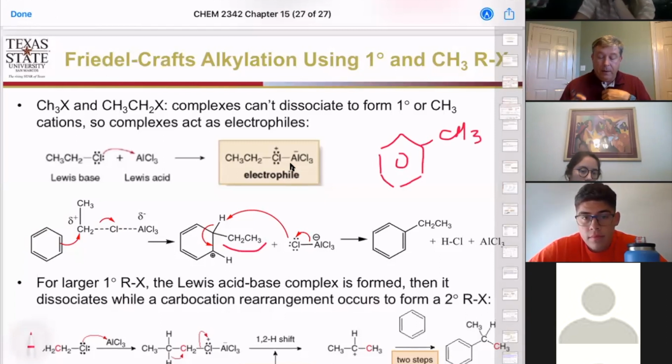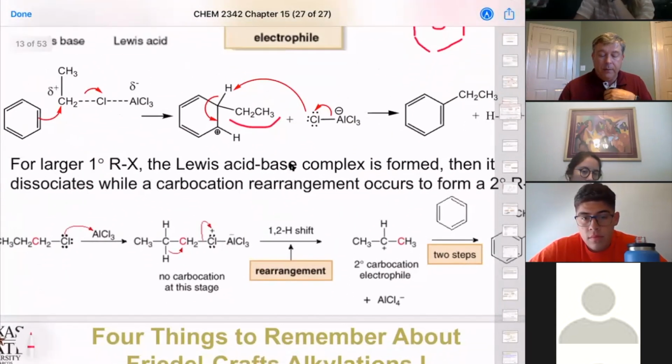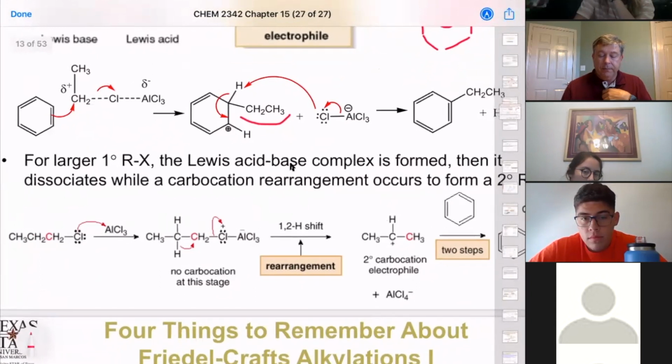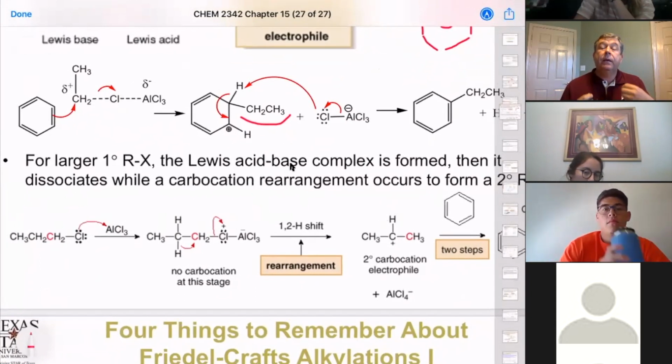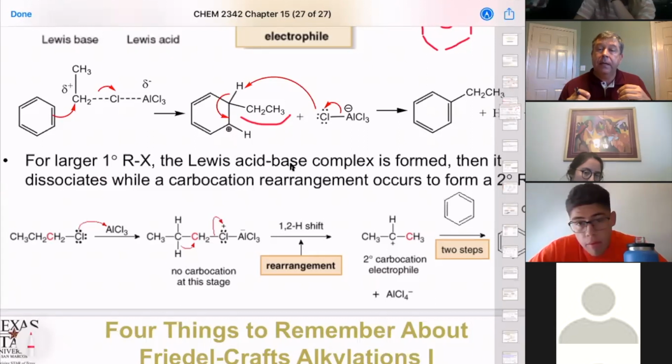Okay. However, if you have a primary alkyl halide and it can rearrange to form a secondary carbocation through either a 1,2 hydride shift or a 1,2 methyl shift, it will. And so for things such as methyl and ethyl, you can make them directly.